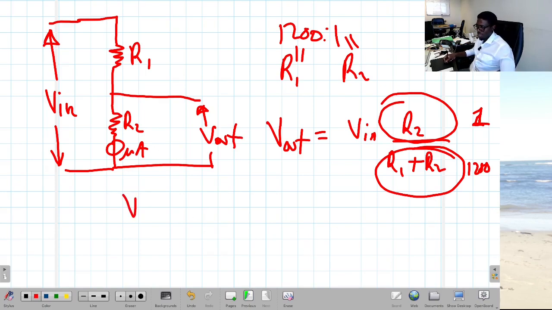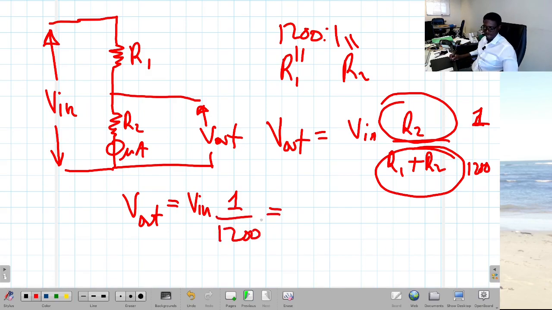So our equation for the output voltage is simply V out equal to V in times 1 over 1200. The input voltage we've been given is 150 kV, which is 150 multiplied by 1000.